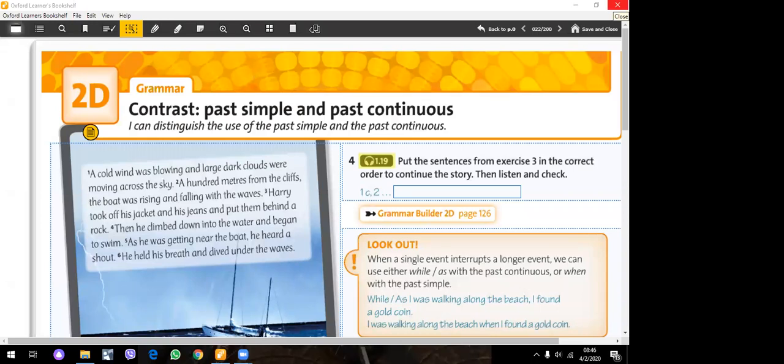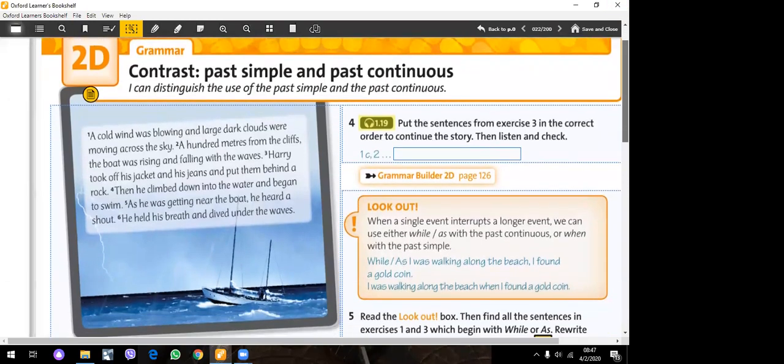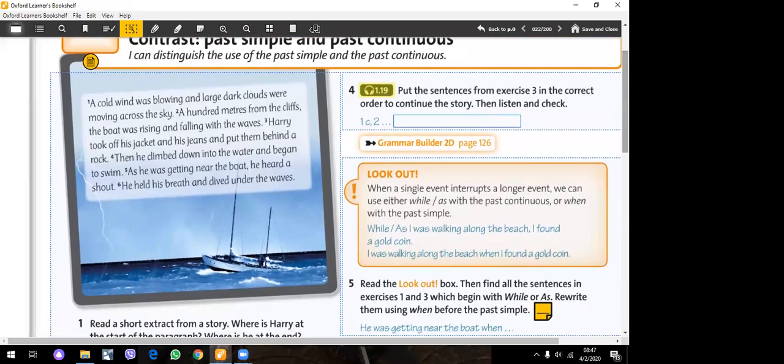Page 22. We are going to read the first exercise, the short extract from a story.